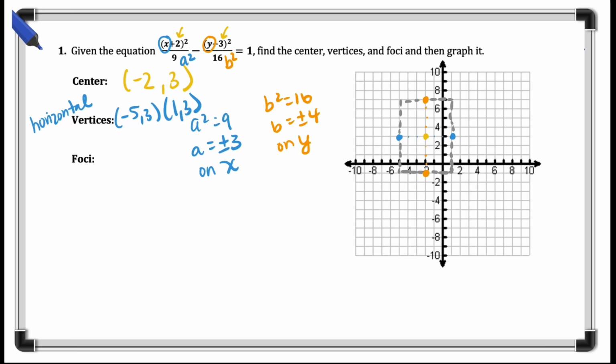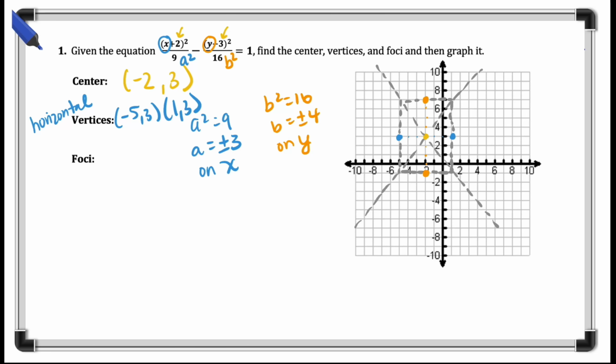This box is to help you draw those asymptotes, and when you connect the corners of your box going through your center, that's going to help you when you are drawing the branches of your hyperbola.